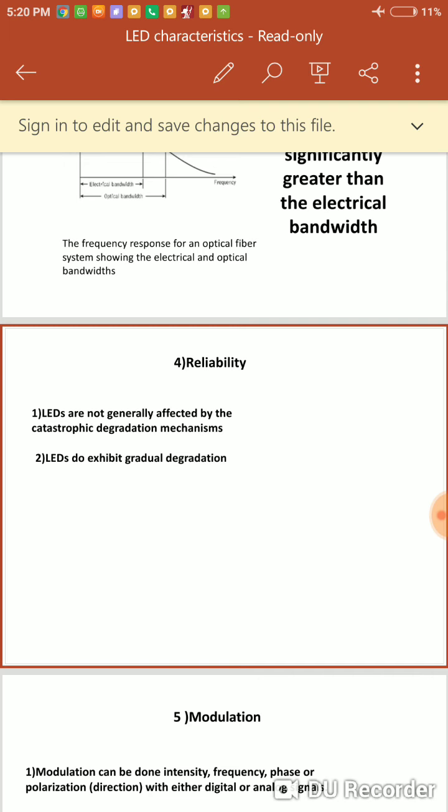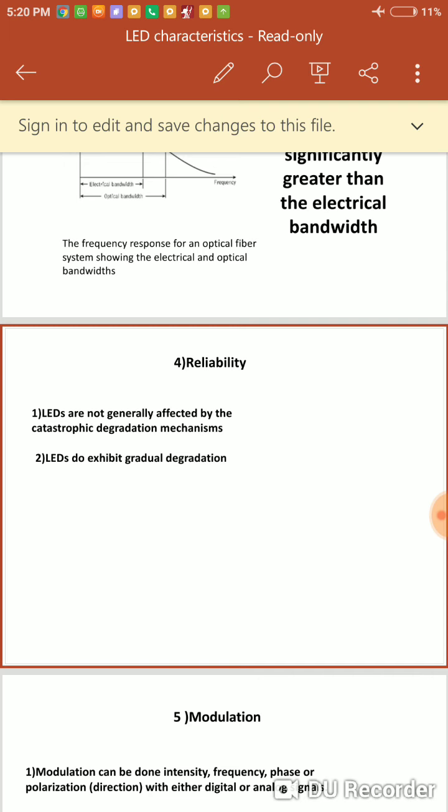First one is output characteristics. Laser is more temperature dependent and LED is less temperature dependent. In case of laser, as the temperature increases, threshold current also increases and delay is increased in the working. But in case of LED, as it is less temperature dependent, its linearity is more as compared with the laser.